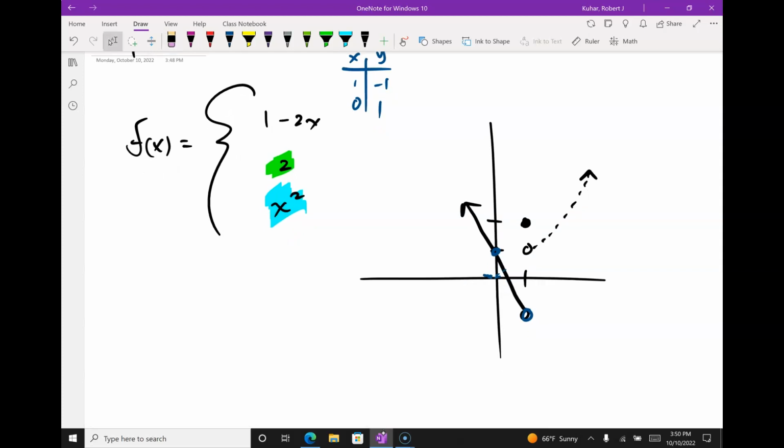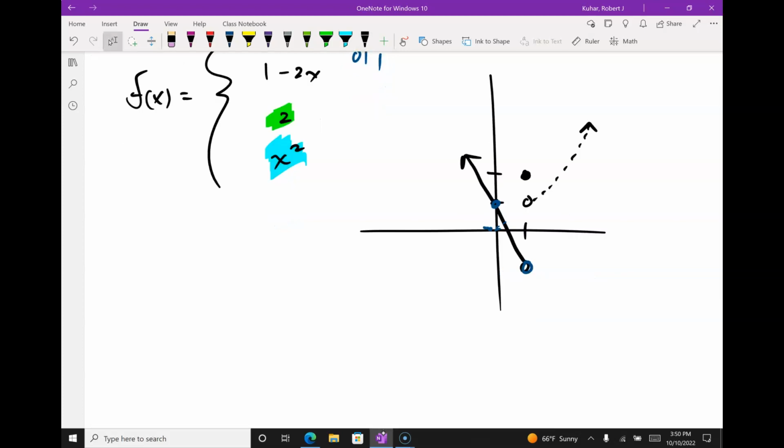What did I ask for on 9? Find the range, yes? So what's the lowest height? Very good. And how far up does it go?